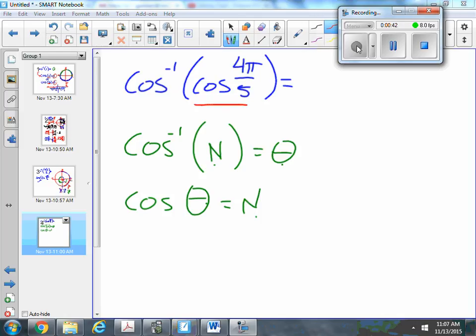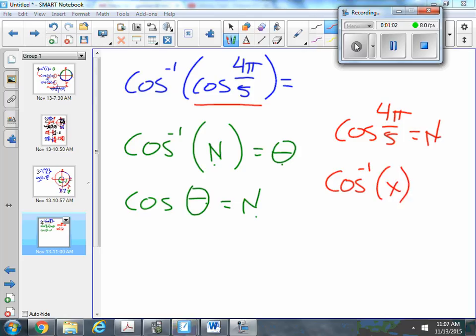So if I first look at my inside function here, I have cosine of the angle 4 pi over 5, and that is going to give me some kind of a number as an answer. And if I said I wanted the inverse cosine of some number x that was going to give me the angle 4 pi over 5, well, I would know that that x is that n.